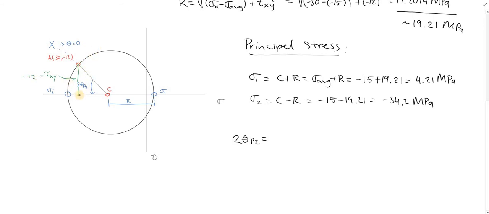But then we also want to find this distance here. And what we need to do, so we don't actually know this distance at the moment, but we know the center point and we know how far away our reference point A is from the shear axis. I'm going to extend this.